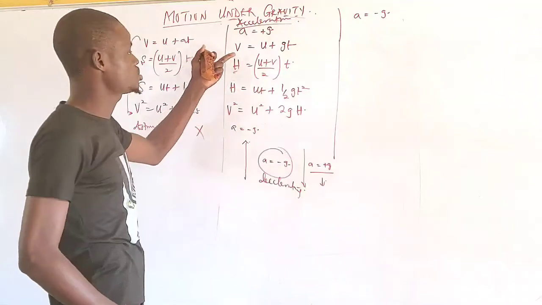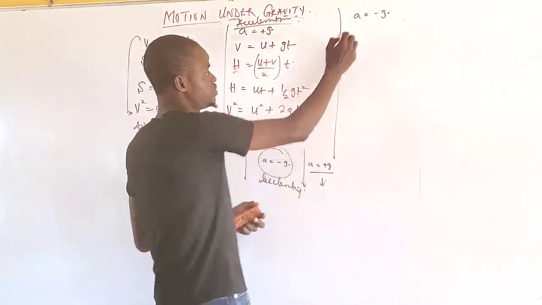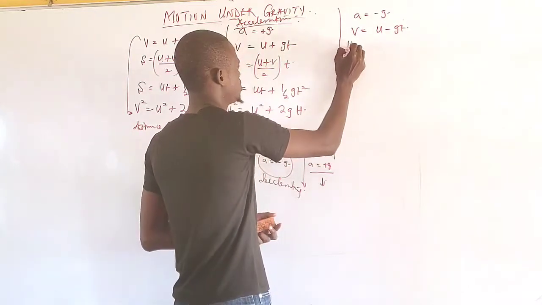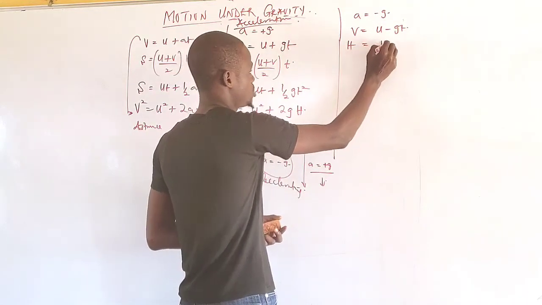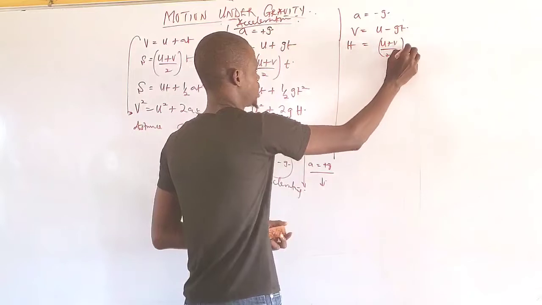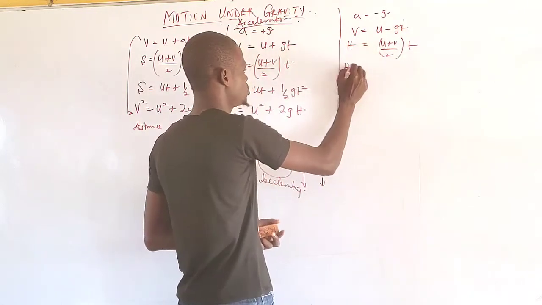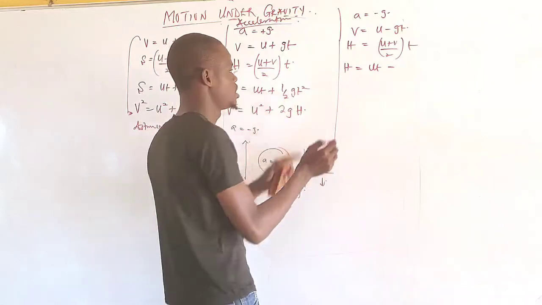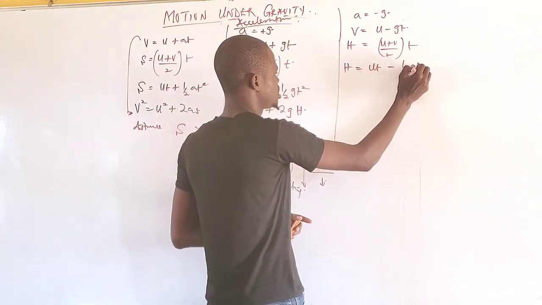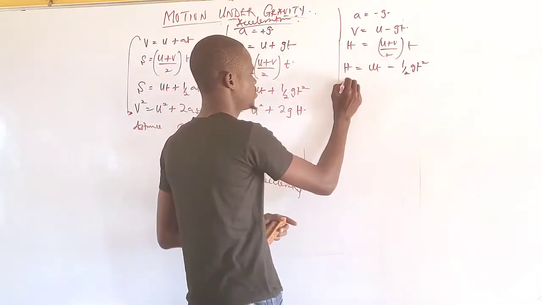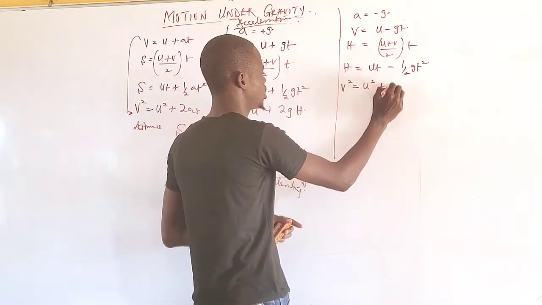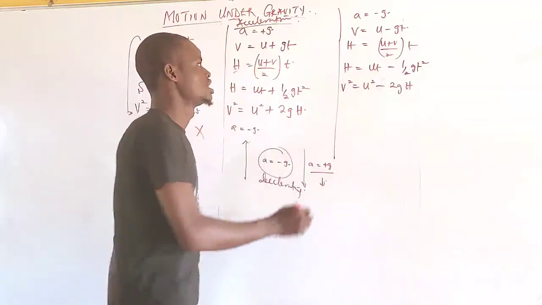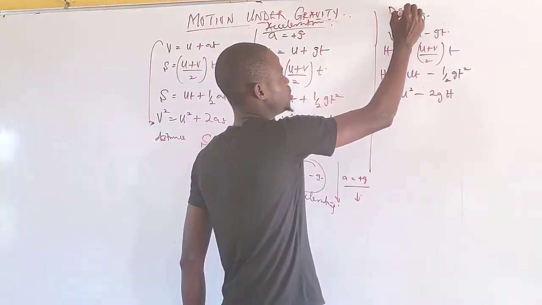So if I substitute into the same equation, I should have V equal to u minus gt, and h, this one remains the same, don't forget, h will be equal to ut minus half gt squared. Then I should have v squared equal to u squared minus 2gh. This is deceleration of the body.